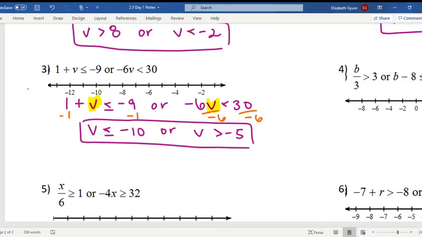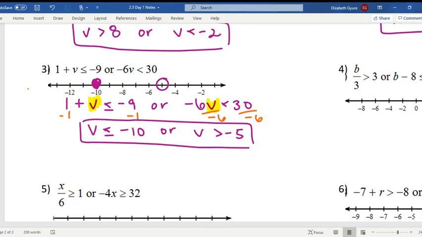Corey, open or closed circle at -10? Closed, good. And then what about for the other side, Corey, with the -5? Yeah, that one's open.